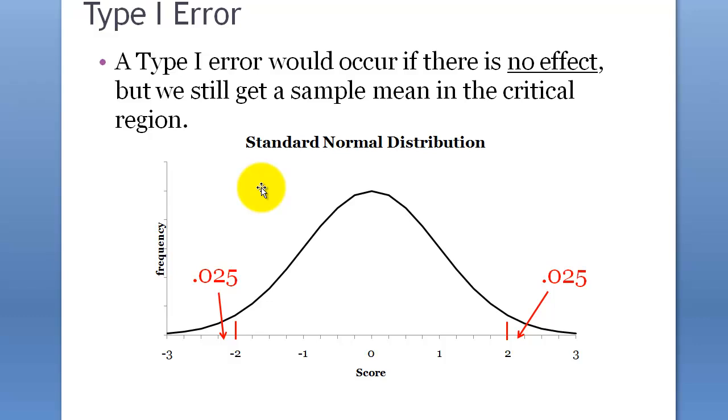If someone asked you the probability of making a type 1 error, it's the alpha level.